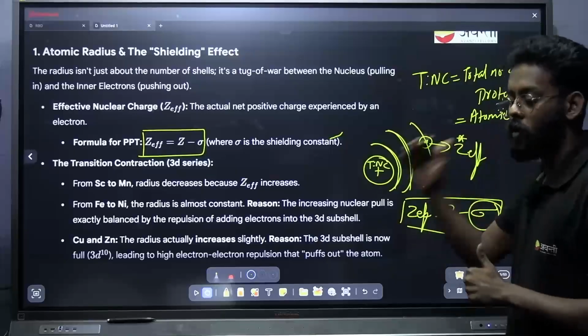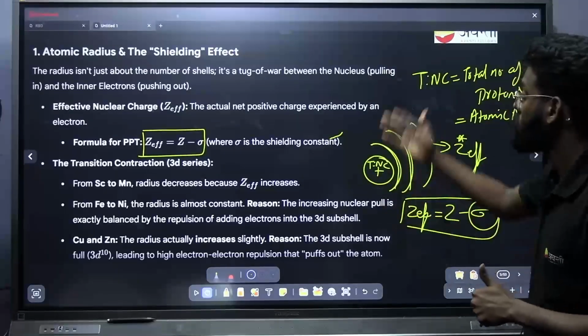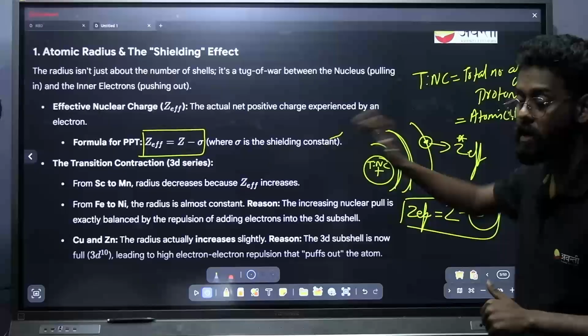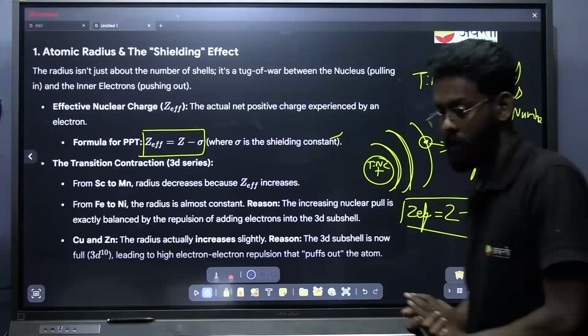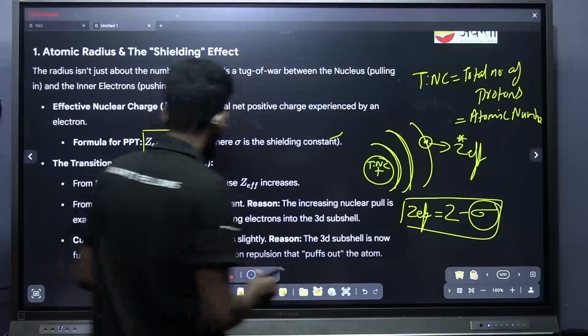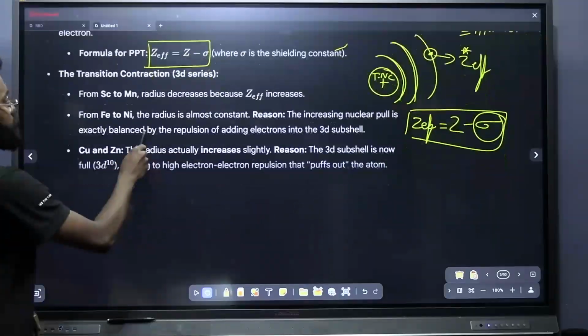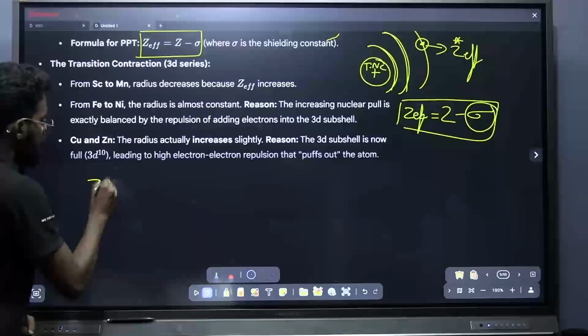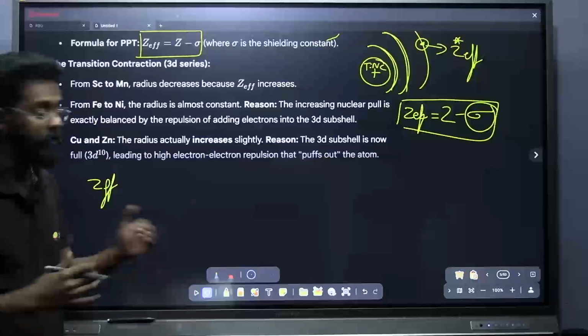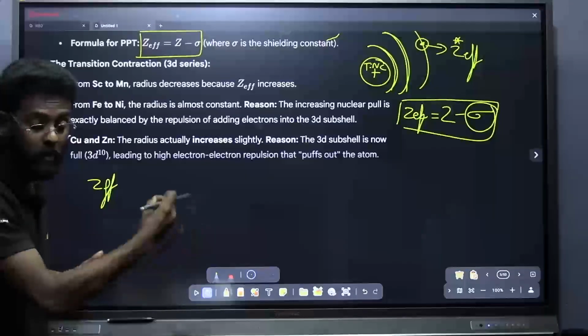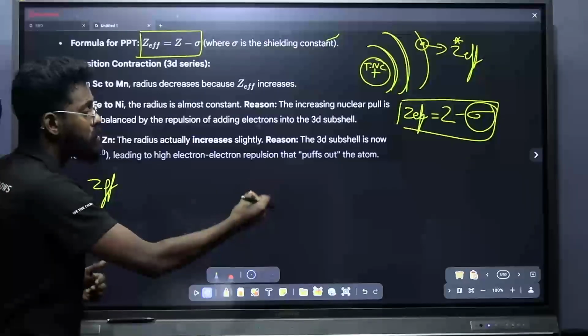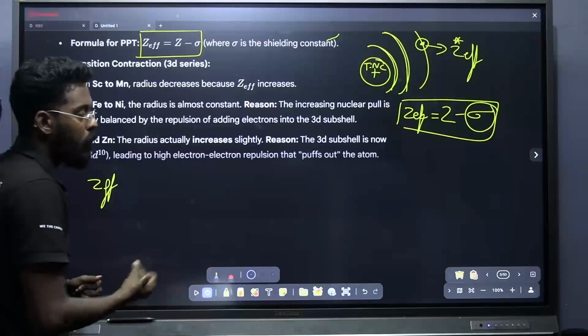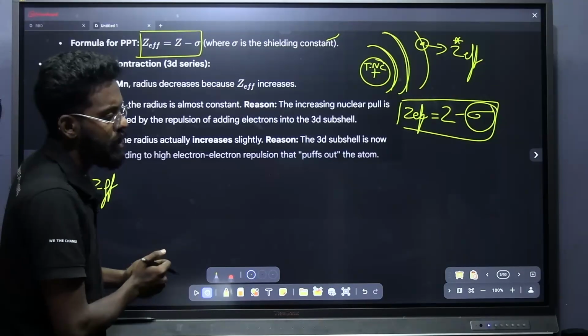Now we will go into how this effective nuclear charge affects the atomic radius. If the Z effective, or effective nuclear charge, is very high, which means the electron experiences more nuclear charge, what is going to happen to the size of that shell?